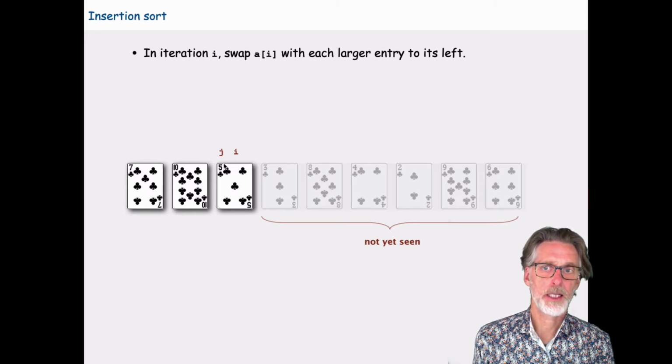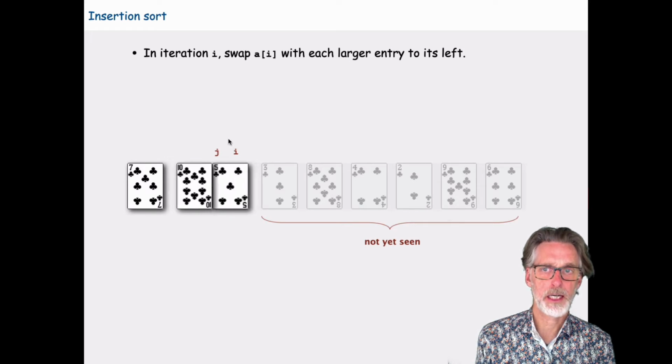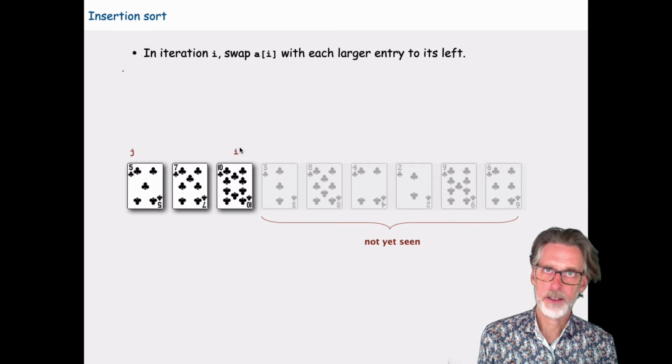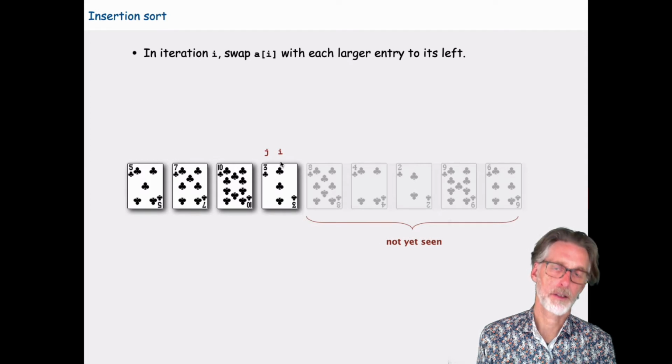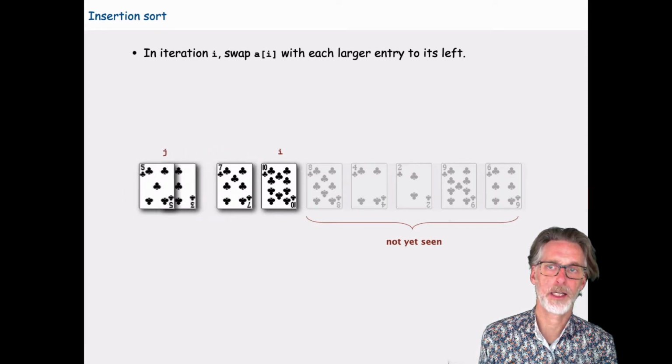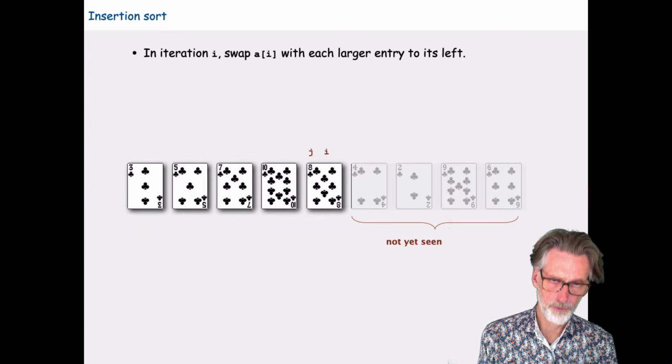So in this case, we can compare j and j minus 1. We'll see they're not in order, so we need to swap. And now we can compare j and j minus 1 again, not in order, need to swap. Then we've got everything set. We can increment I by looking at one more element. And we just repeat this process. So we just have to get it in the right place and move forward.